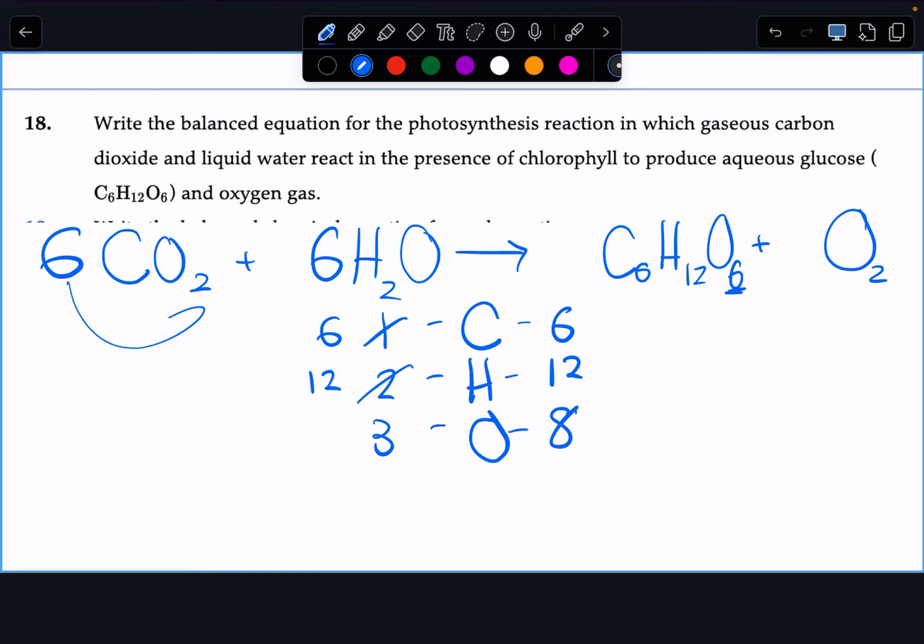So 12 from here, 6 from here, so 18. And then we have 6 coming from the glucose, so we actually only need 12 coming from the O2. So the coefficient there is also 6.